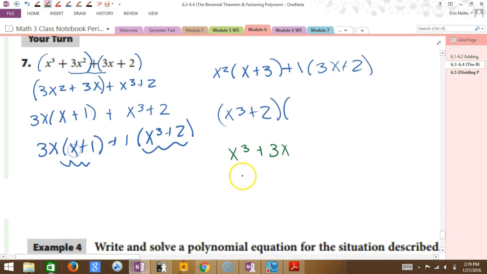Well, what if you did and took an x out of this entire piece?